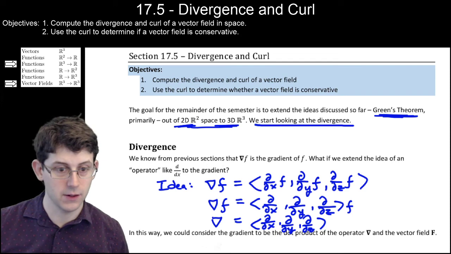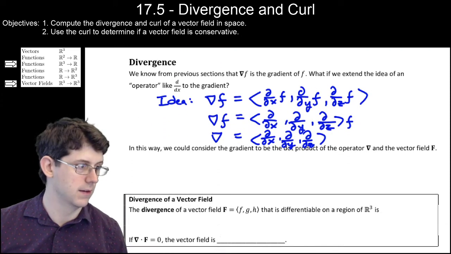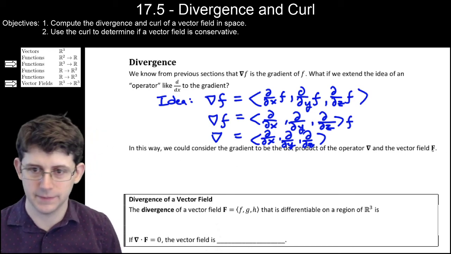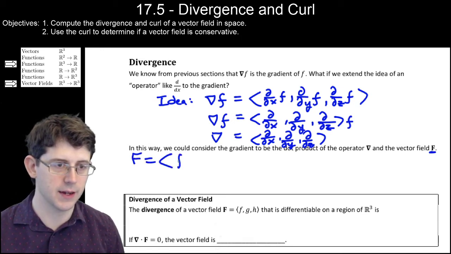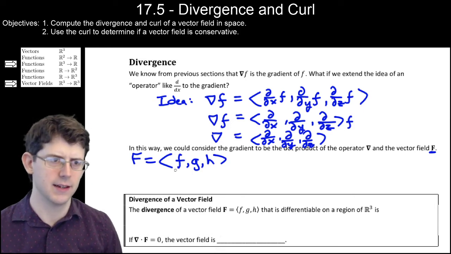Okay, so say you have a vector field f, which is made up of 3 functions like this.